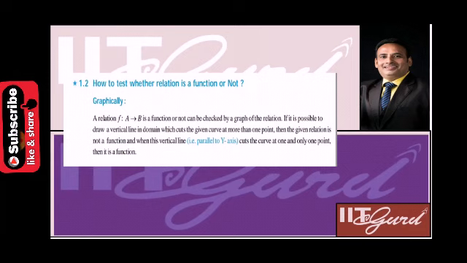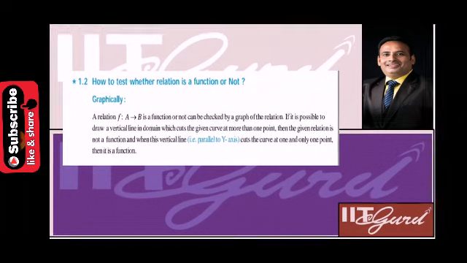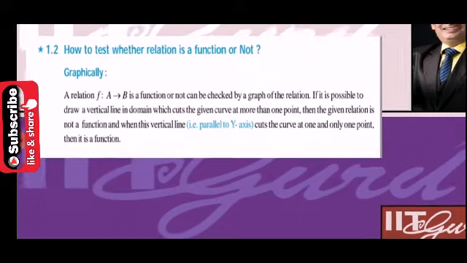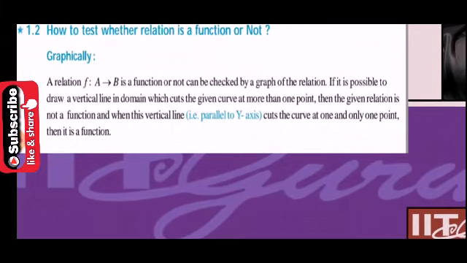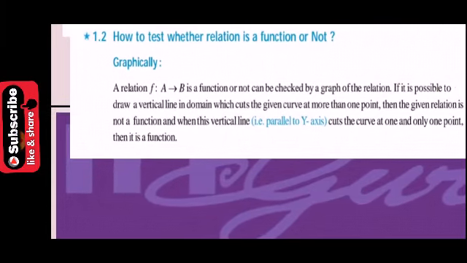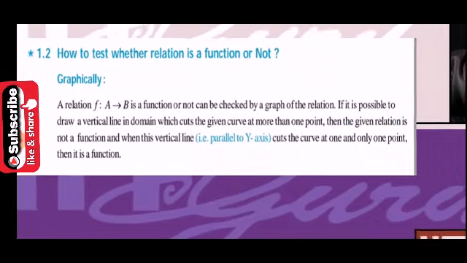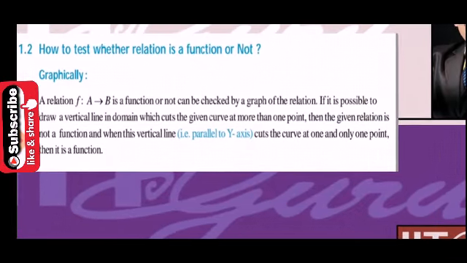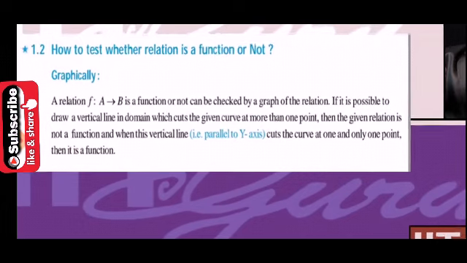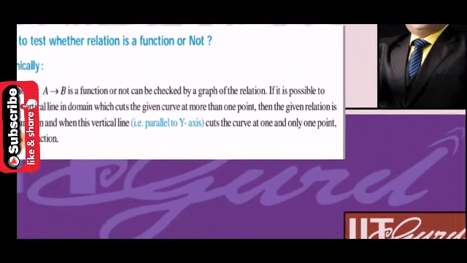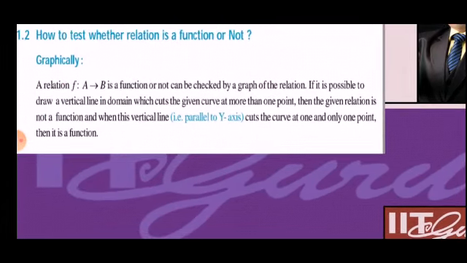Now, how to test whether a relation is a function or not? If we check this graphically, then we conclude that a relation F from A to B, A maps to B, whether it is a function or not can be checked by a graph of the relation.